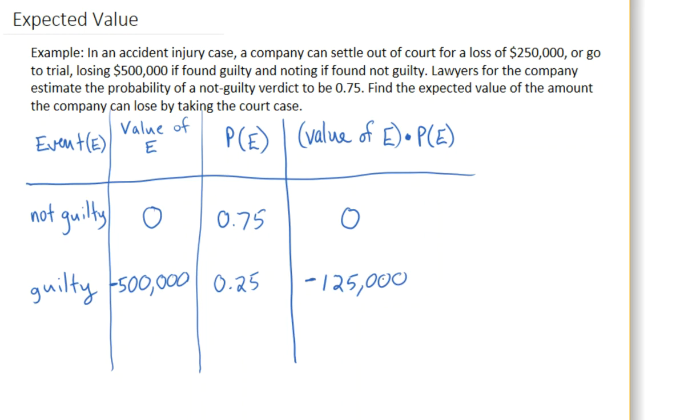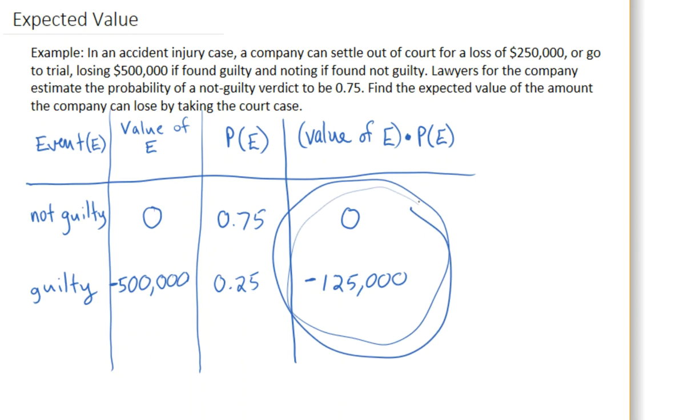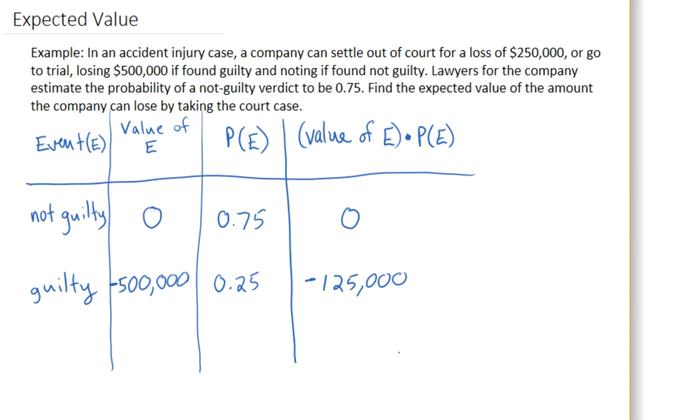Once we have the chart all filled out, what we really needed from the chart is this information, but the chart got us there. So what we do next is we add whatever is in this column. In this case, it's pretty straightforward because there's only 2 of them, and one of them is 0, so this adds to a negative 125,000.